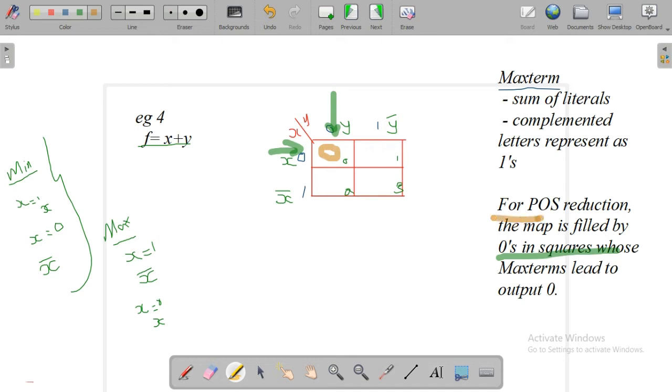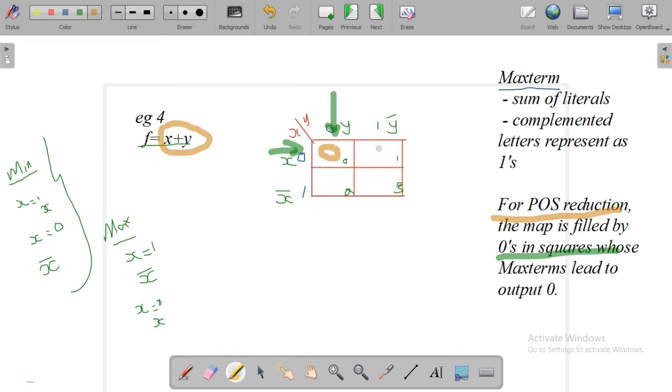Because what is the condition? For POS reduction, the map is filled by zeros in the squares whose max term leads to output 0. The given max term is x plus y, and where we have drawn a two variable K-map, then x and y in the x row and y column, the intersect point is the cell where in that cell or square we have to fill the value 0, because this is a POS expression.